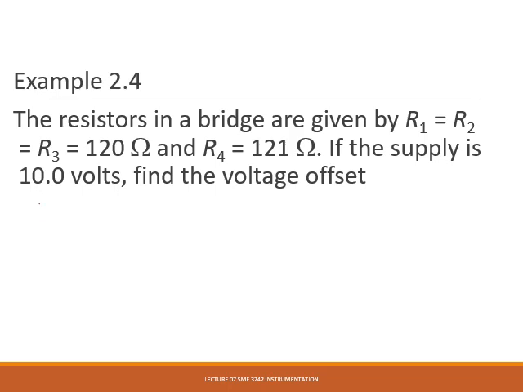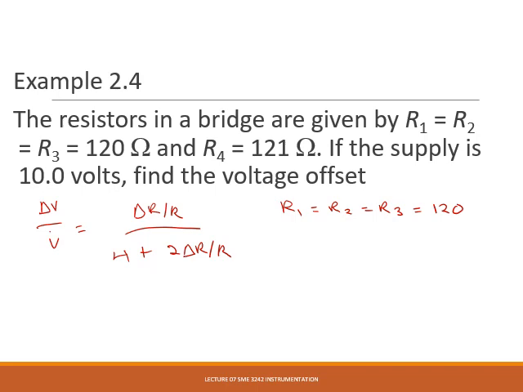Okay, we have derived this equation: delta V over V equal to change of R over R divided by 4 plus 2 change of R over R. From the information given in example 2.4, we know that R1 equal to R2 equal to R3 equal to 120.